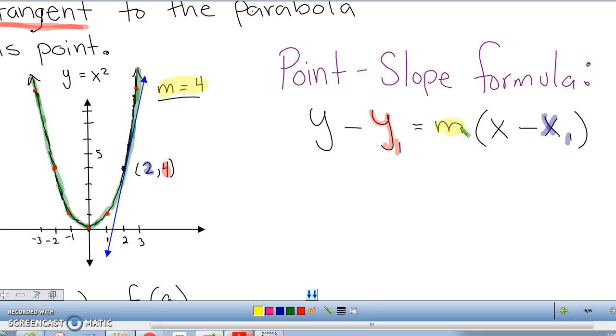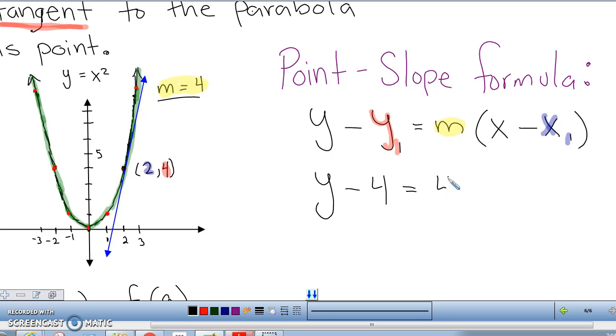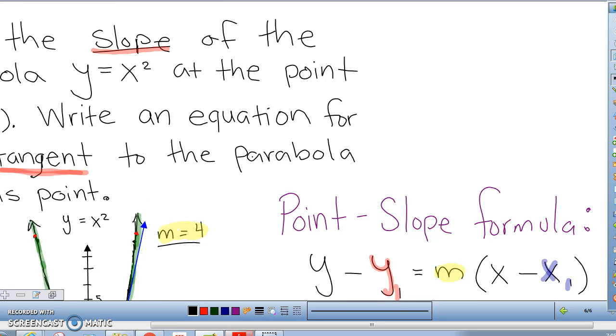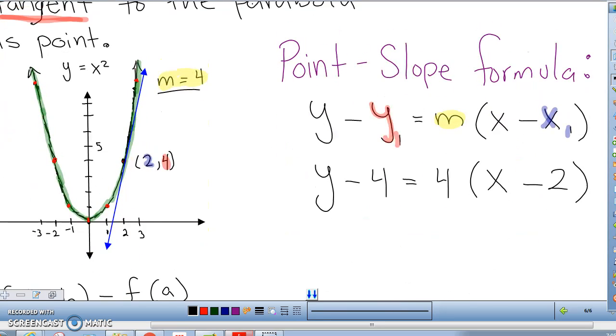Therefore, that's what we plug in here. So y minus 4 is equal to 4 times x minus 2. We can actually leave it like that.